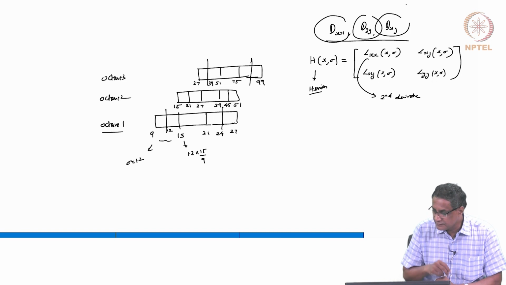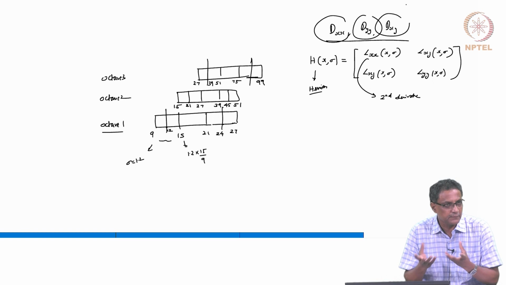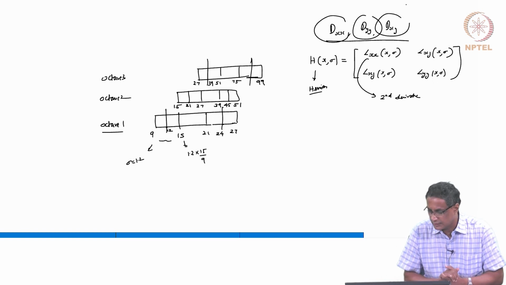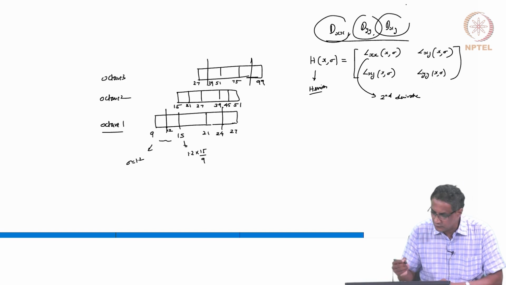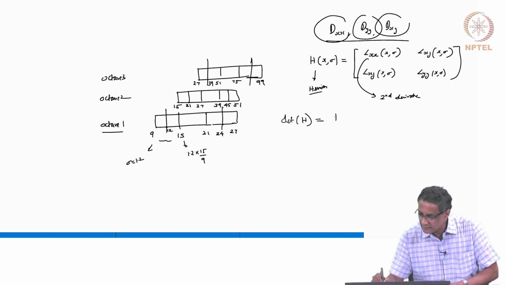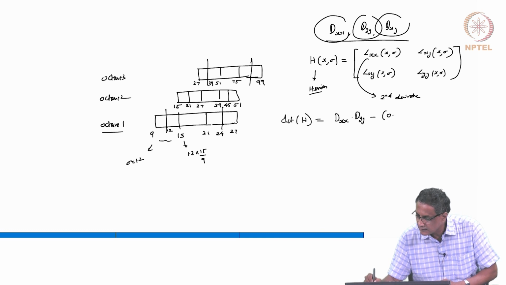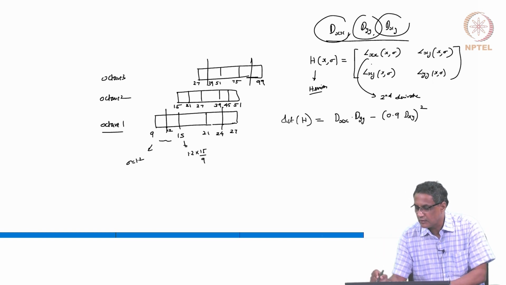Then what they do is check the strength of that particular response. You need to know whether that point should be considered important or not. The actual thing that is taken to check the significance is the determinant of H, computed as Dxx times Dyy minus 0.9 Dxy squared. Here Dxx and the others are approximations of Lxx.